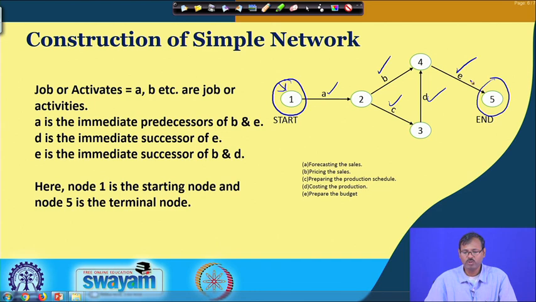So, this is a very simple example where a simple network is prepared with 5 activities or 5 jobs.